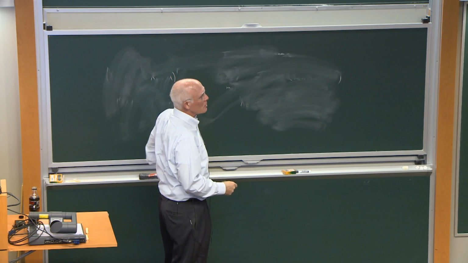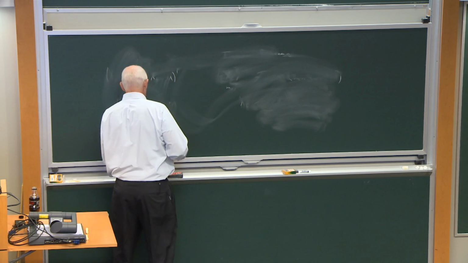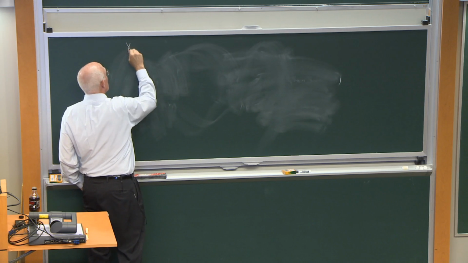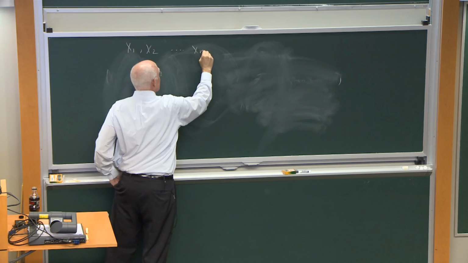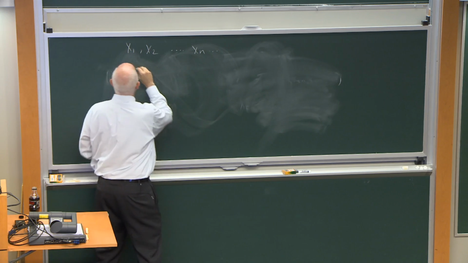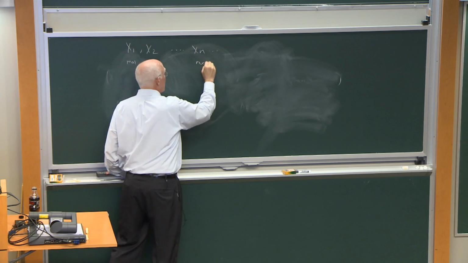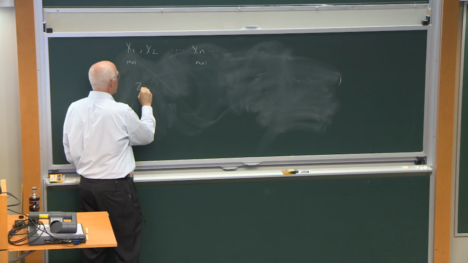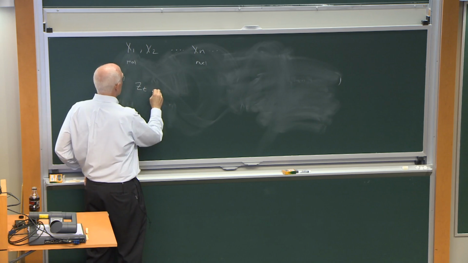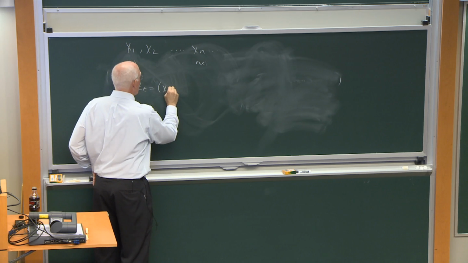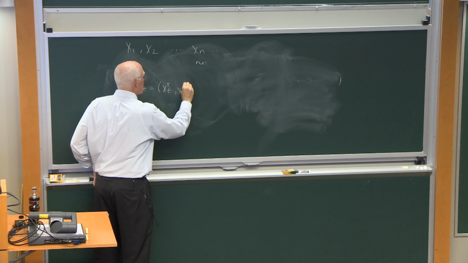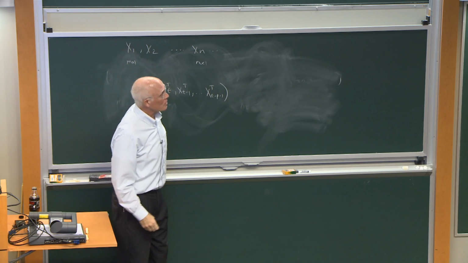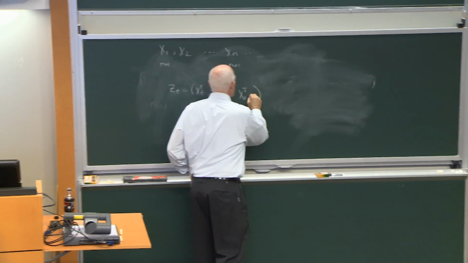So if we have x1, x2, up to xn, which are all m by 1 values, m vectors of the stochastic process, then consider defining Zt to be equal to Xt transpose, Xt-1 transpose, up to Xt-p+1 transpose.